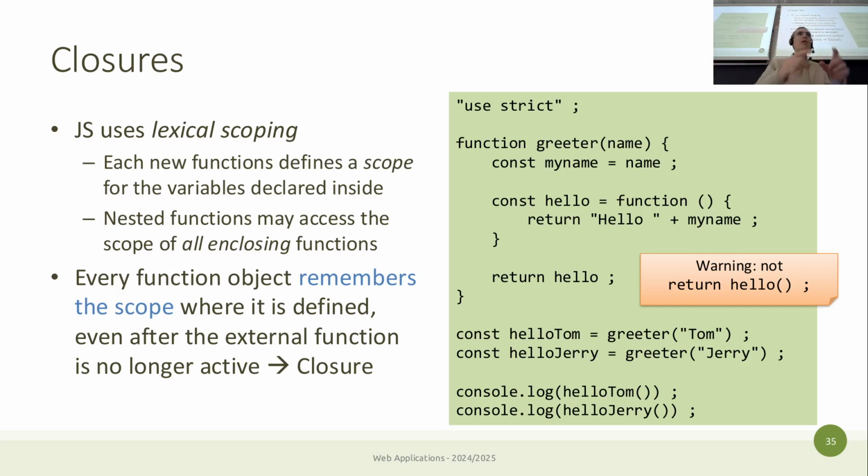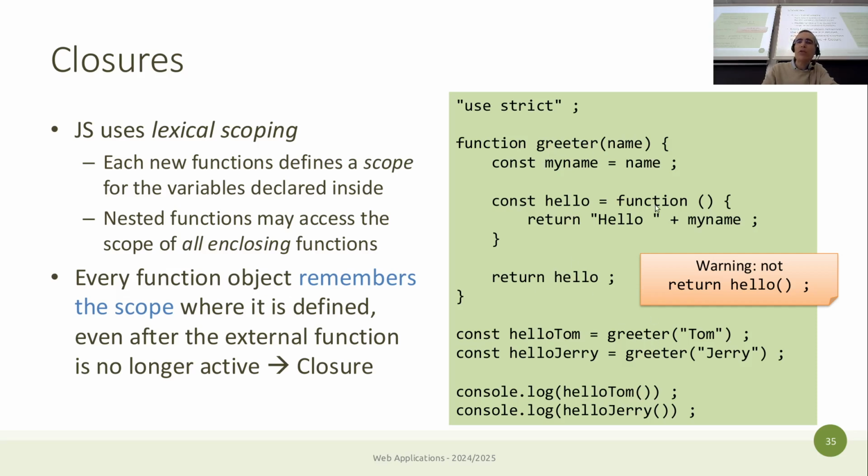So for those functions there are a lot of things that remain visible even after the code has been executed. So let's see the code. Const hello Tom, greeter Tom. What happens here? In hello Tom we get what? A reference to a function, because that's the return value of greeter.